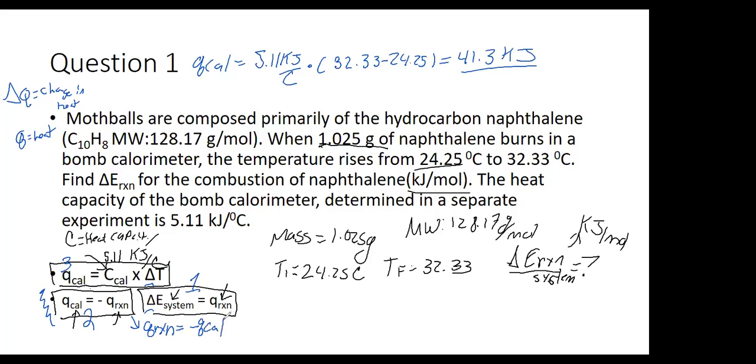I'm just switching the negative sign, right? So my Q reaction then equals negative 41.3 kilojoules. And my Q reaction and my delta E system are actually the same thing. Okay. So we got just the plain energy. Questions about that logic? We're not quite done, but questions about that.